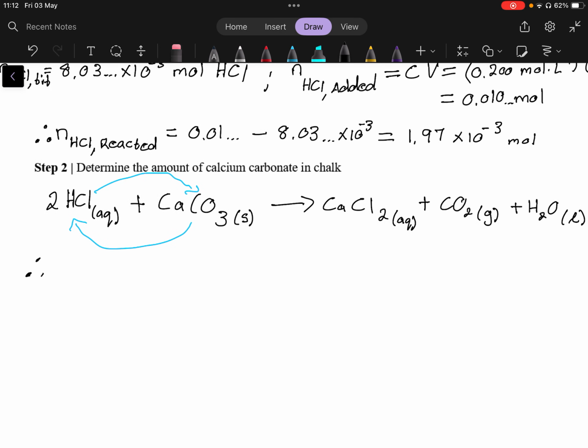So that means, remember now you write out a nice sentence, 2 HCl reacts with 1 calcium carbonate. That means what? Let me write it out because I know this is something you might struggle with. So 2 mole HCl reacts with 1 mole calcium carbonate.